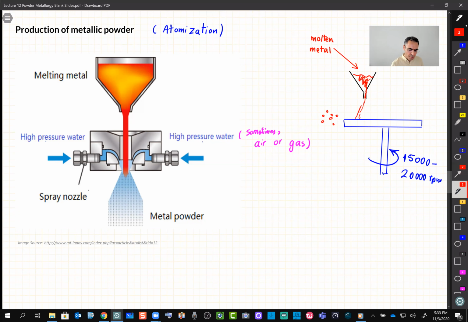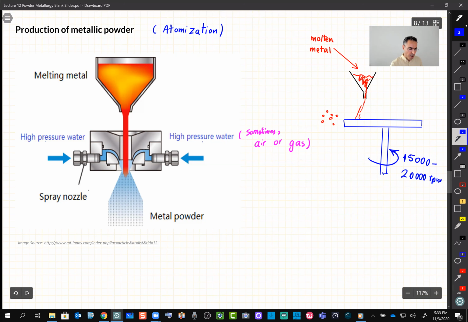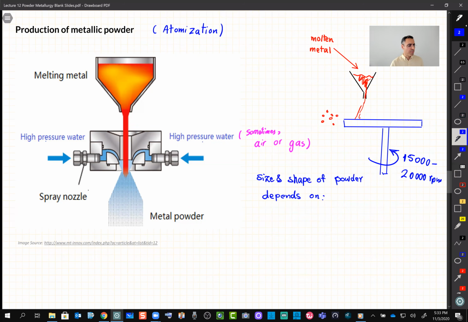So there are things which can affect the shape and size of the powder. I write it down here: size and shape of powder depends on, you can guess. Of course, it depends on the temperature of molten metal. It depends on the rate at which we pour it down.